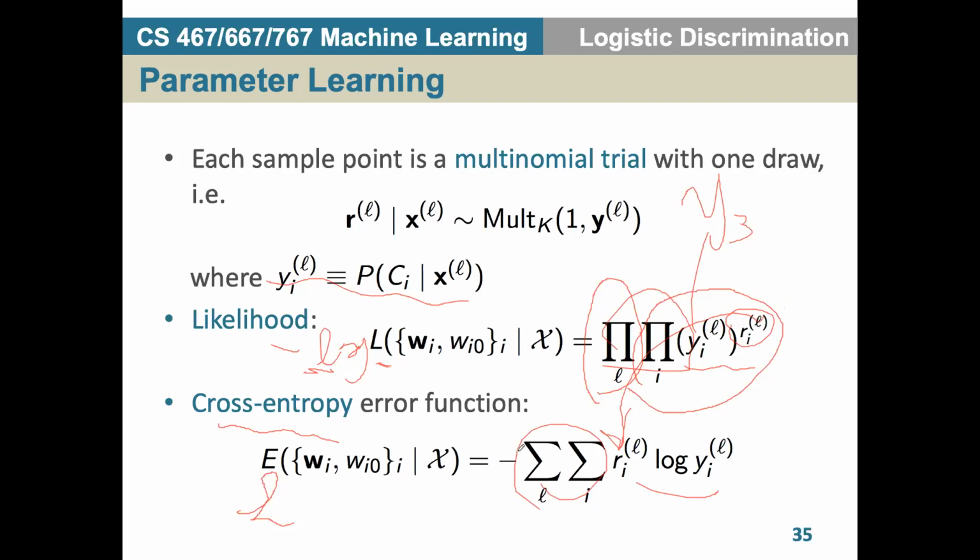Any questions? When would you want to use likelihood versus log likelihood? We always use log likelihood because likelihood is a product, and we cannot easily take a derivative. We covered this earlier. If you have p f(x) g(x), taking the derivative is already complicated: f prime g plus f g prime.